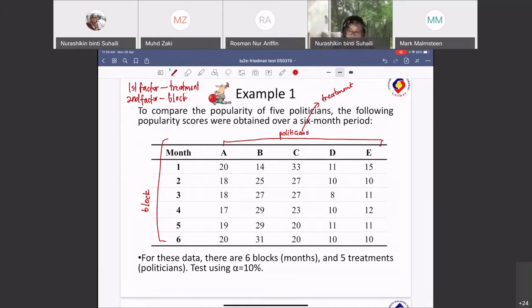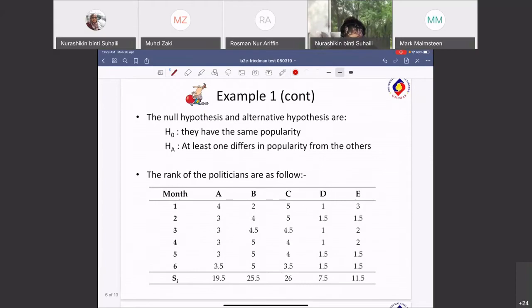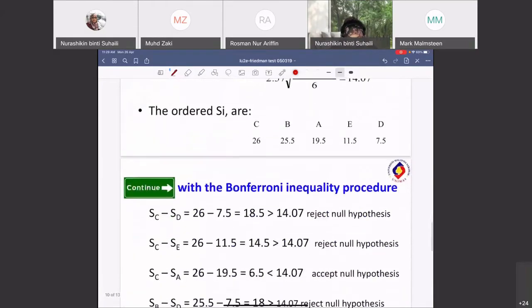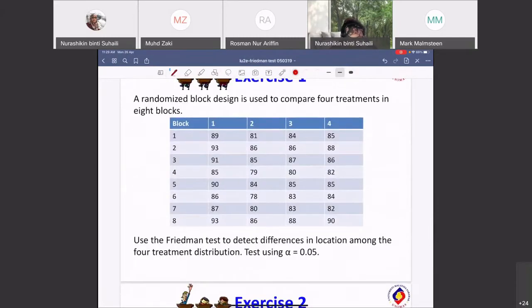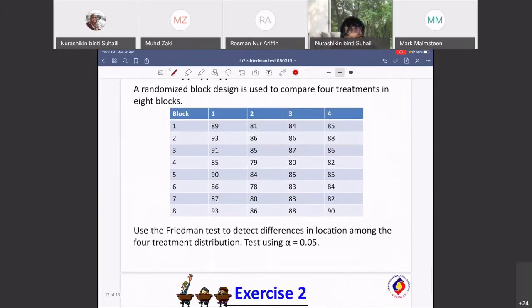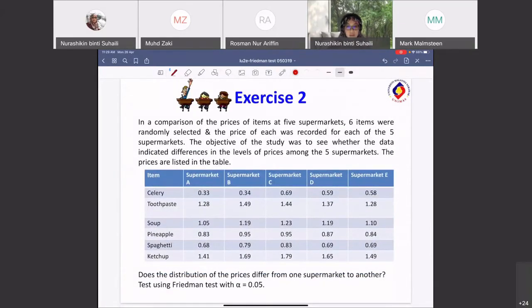Right, let's have a look at another example, just to give you a better understanding of what is factor and what is treatment. In this problem, it is stated directly. If it's not stated, I'll go through the steps later. This is just to introduce the factors, the treatment and block. In a comparison of the prices of items at 5 supermarkets, 6 items were randomly selected and the price of each was recorded for each of the 5 supermarkets.